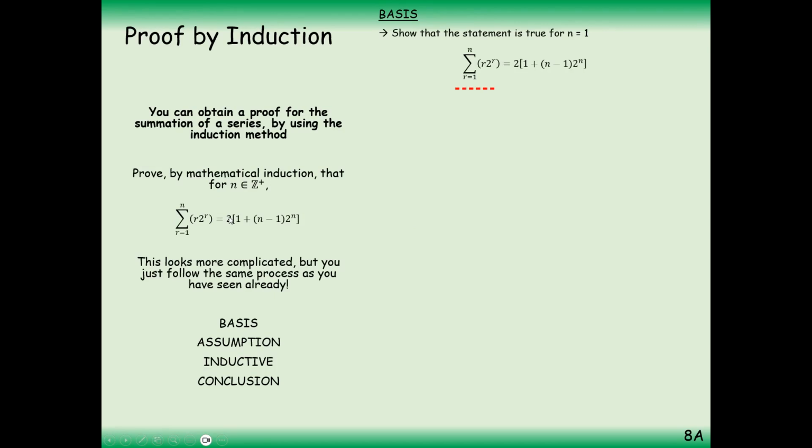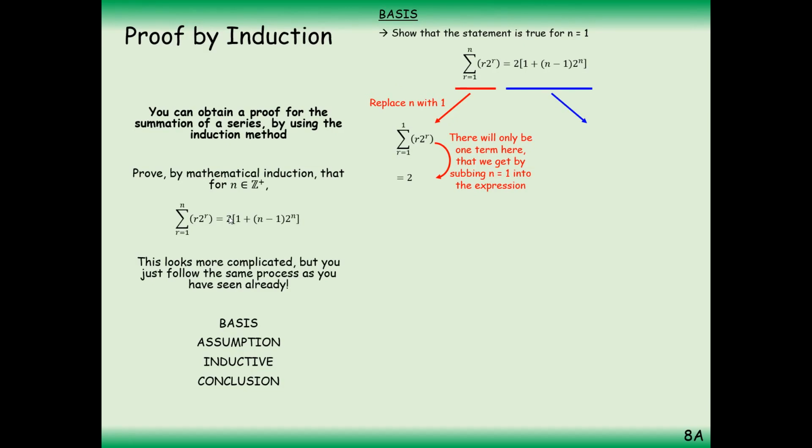The summation on the left-hand side is equal to 2 when we substitute 1 for n. And on the right-hand side of the formula, let's go through the calculations. 1 times 2 is 2, but the other bracket is equal to 0. Therefore, we just have a 2 as a result. So that's the basis step done.